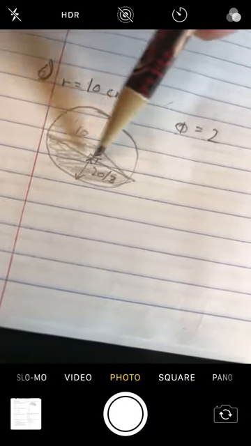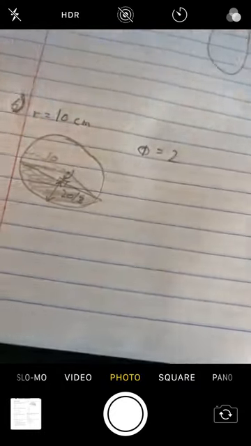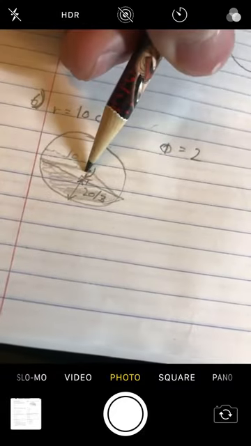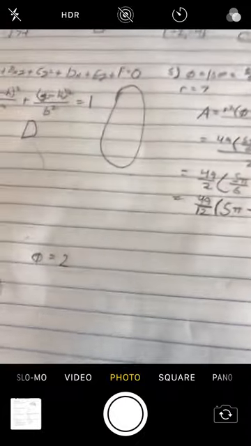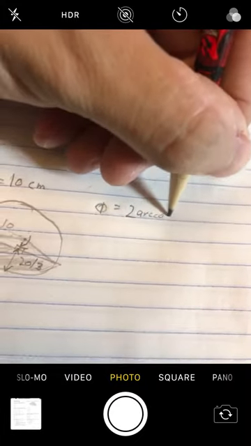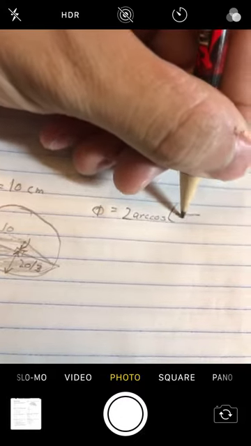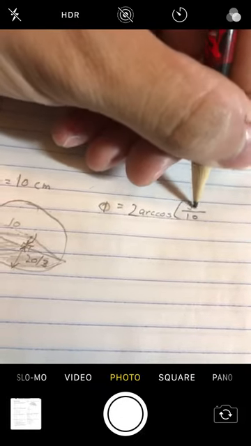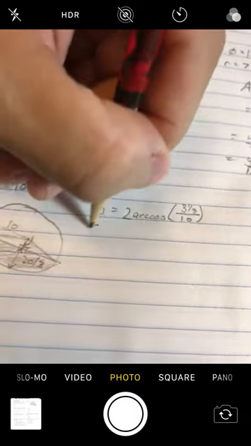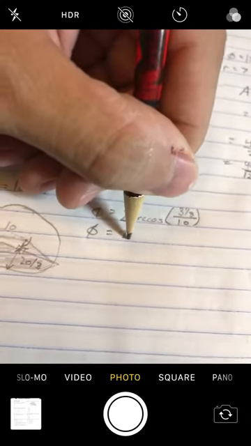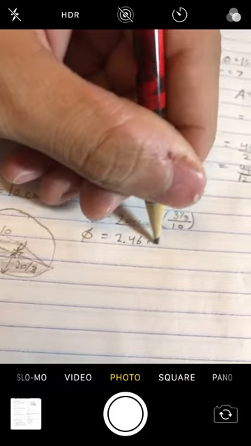That's why I'm adding the 2 right here, because these are 2 equivalent triangles with the same angle here and here. You get what I mean. So we have 2 arc cosine 3 1/3, and your phi should roughly be about 2.46 radians.